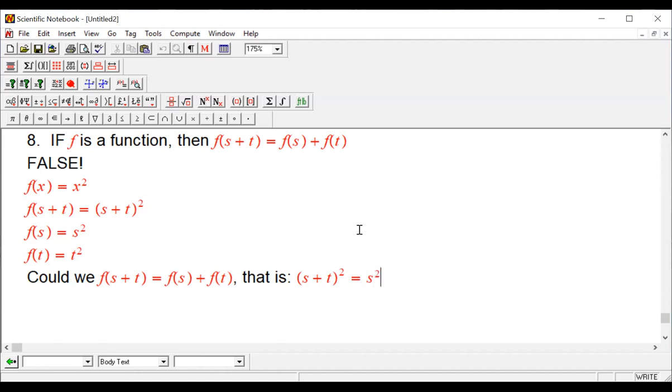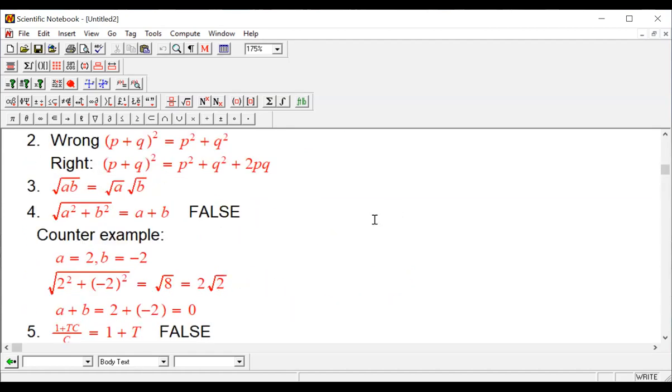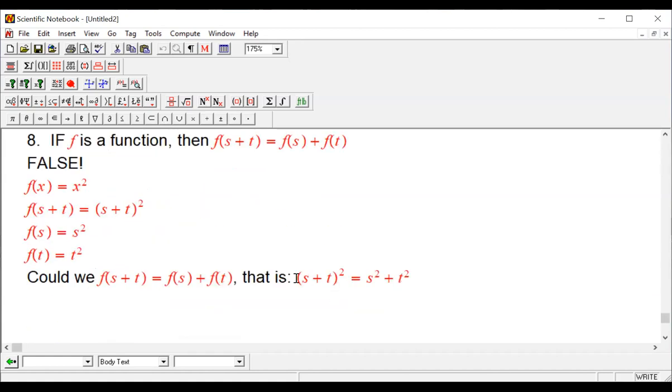We just talked about (p plus q) squared, right? We just talked about how this is false. If this is false, certainly this is false, right? So of course not. And this is not the only function, and we'll have numerous such examples.